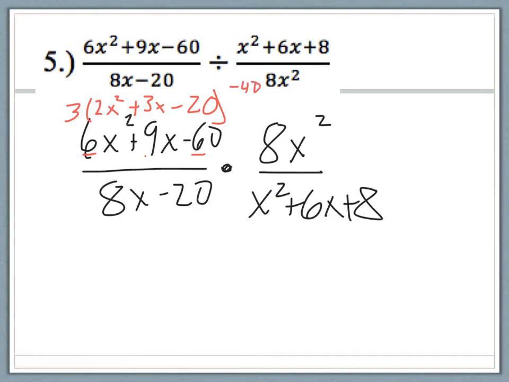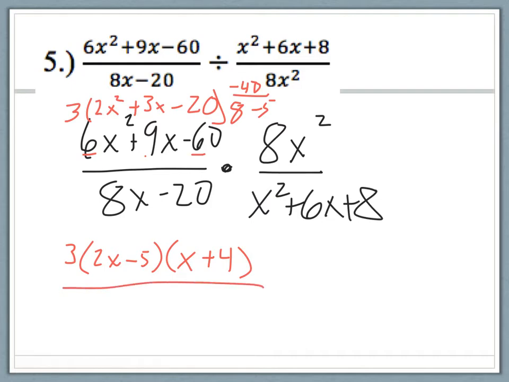What things multiply to negative 40 but add up to 3? That's going to be 8 and negative 5. So I'm going to rewrite it down here. I'm going to have 3, and then I have 2x and x. 2 goes into 8 4 times, so plus 4, and I'm going to put my minus 5 there. Perfect.